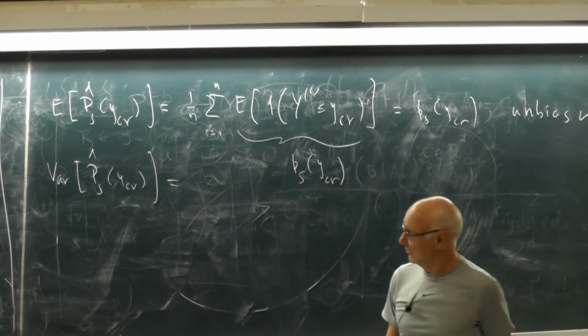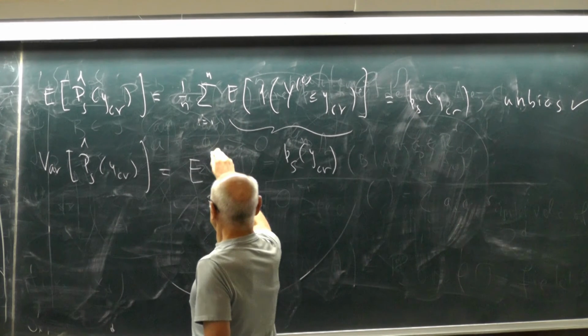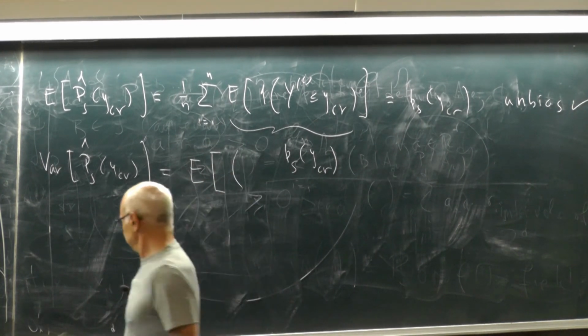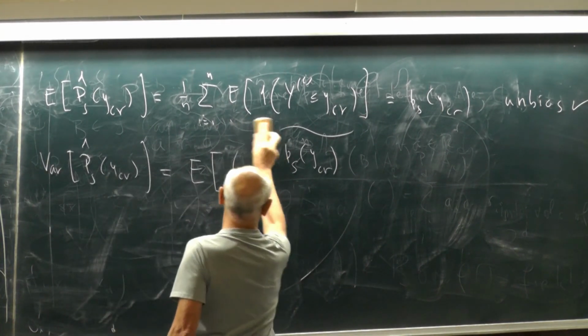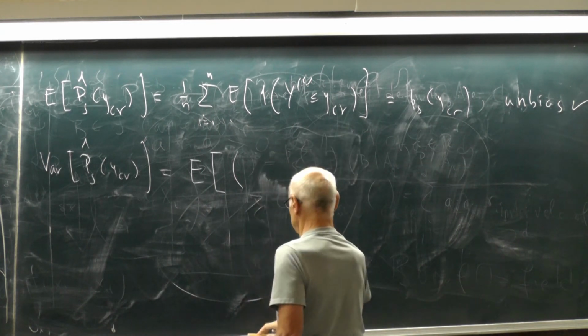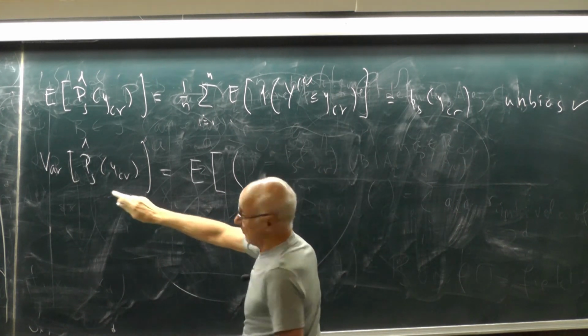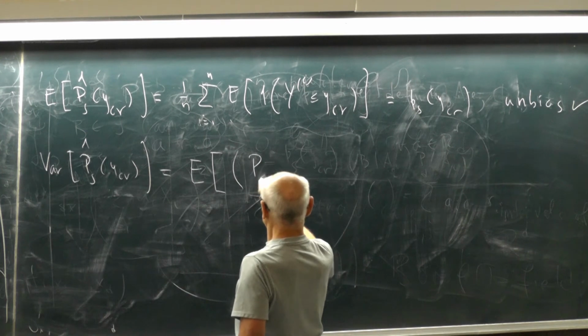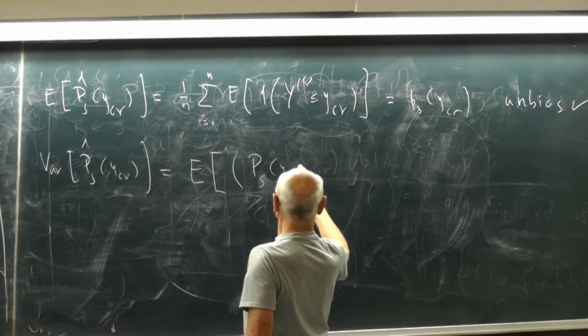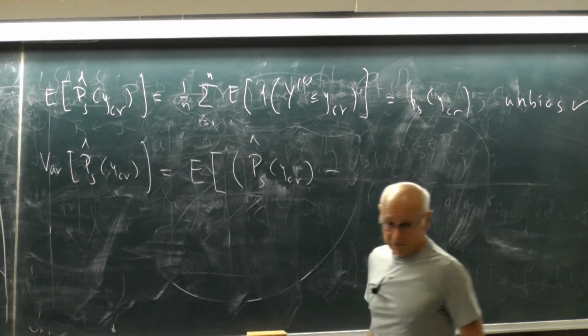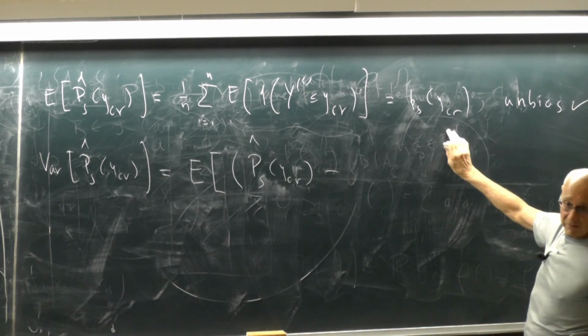So we know the definition of it, right? This is a random variable minus its mean value, and we know the mean value, right?